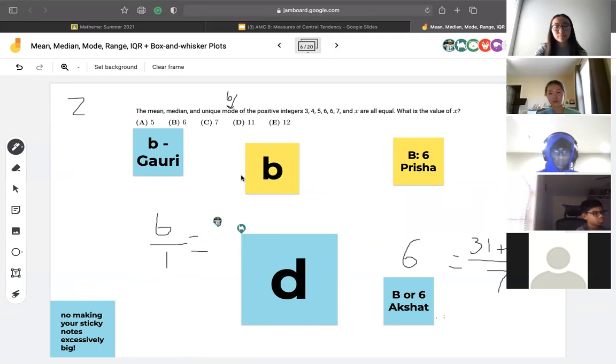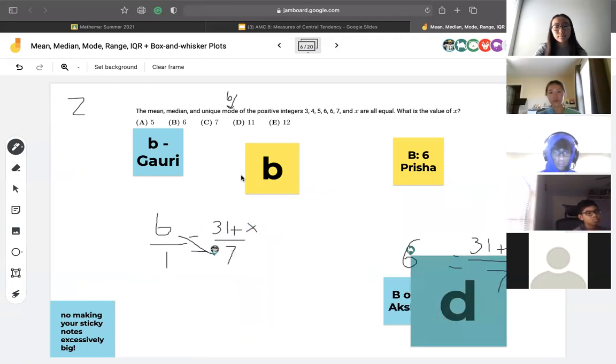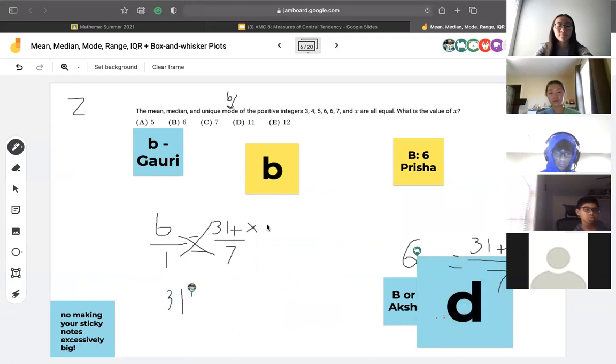So here's an example where you can use cross multiplication. 31 plus x over 7 is equal to 6 over 1. Here's where you can use cross multiplication and you get 31 plus x is equal to 42. Then you subtract 31 from both sides to get x is equal to 11.